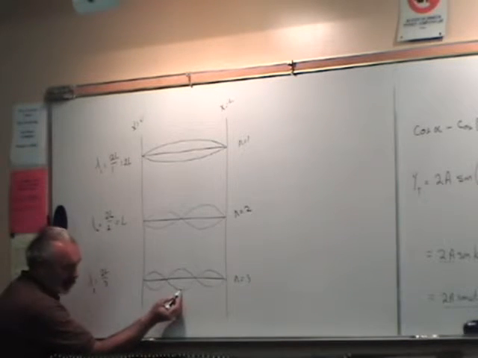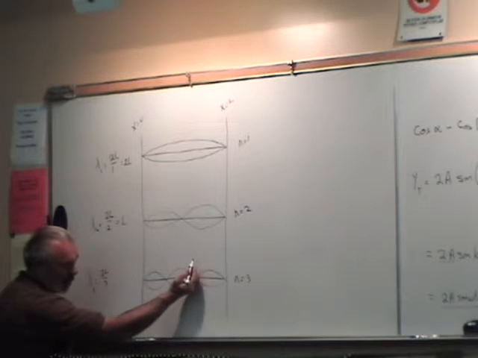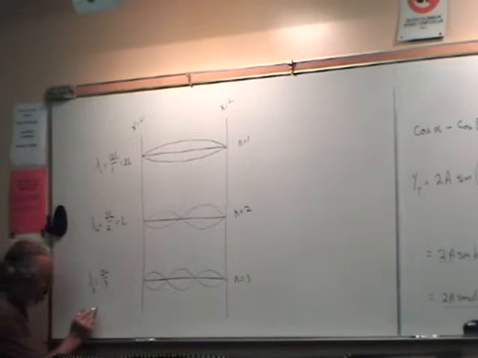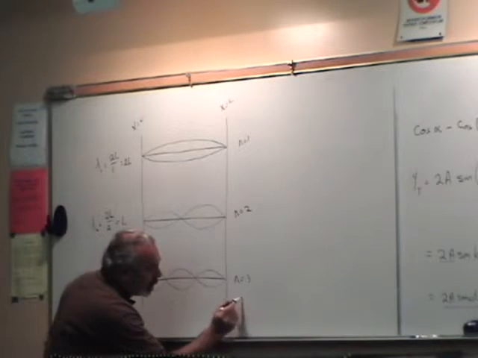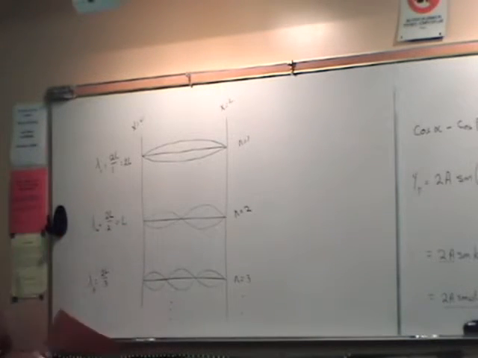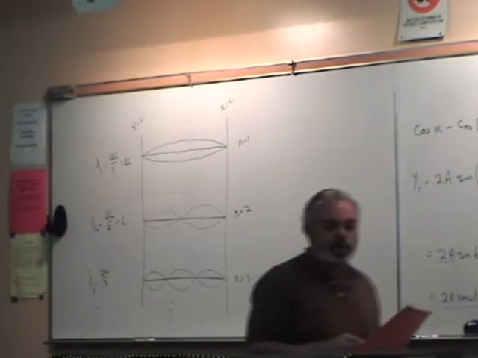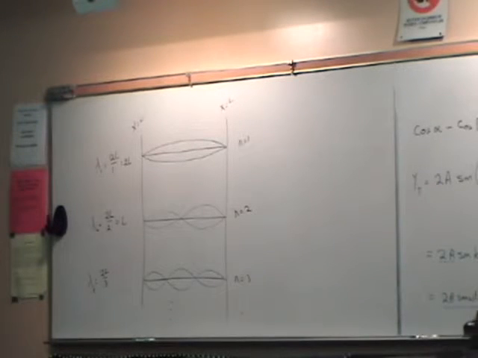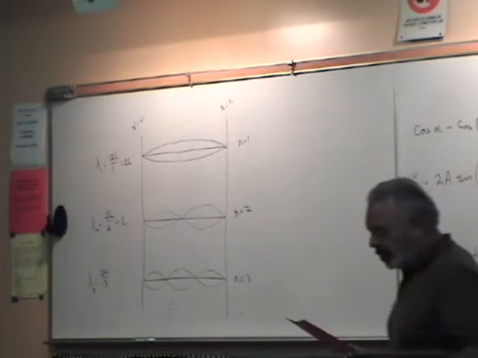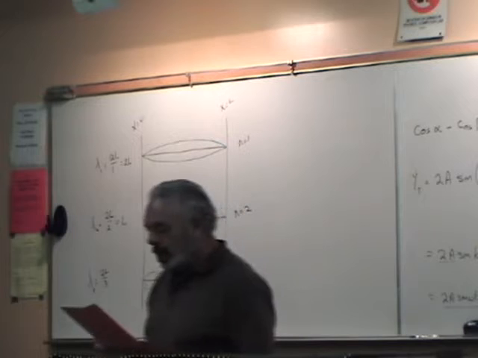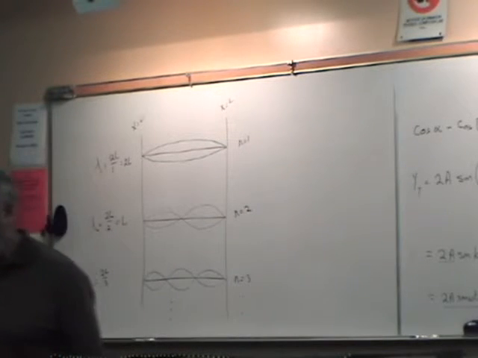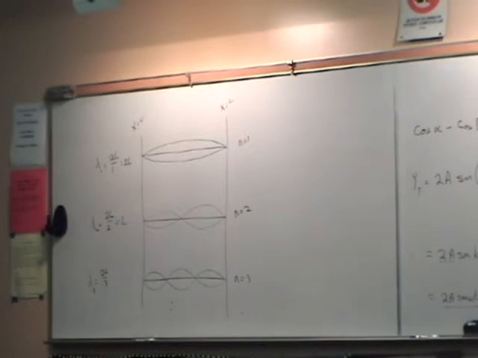Yes, 2/3 of the length of the string is one complete wavelength. And so on. It goes on forever, at least as far as allowed mathematical solutions. Nodes and antinodes, when you have two ends of the string fixed, then the situation looks like the picture I have on the board. Why do we get high amplitudes on the string anyway?